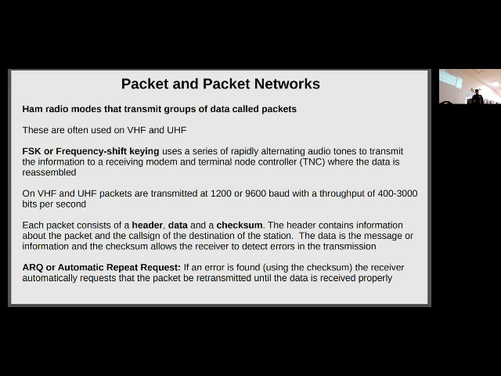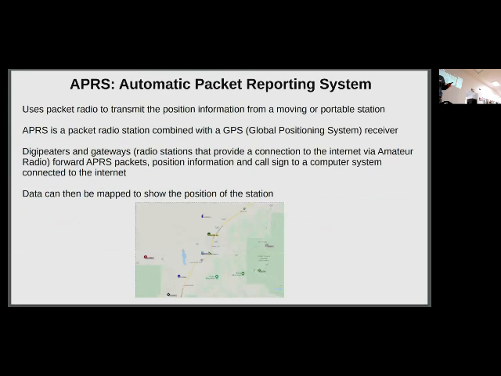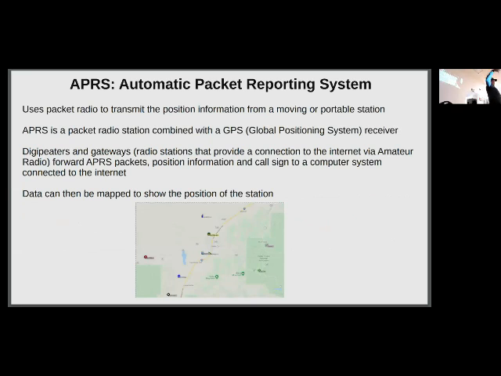So a packet is this information right here. That's all it is. And for APRS, it's connected to your GPS, so it's like your location, your speed, your heading. They actually had one that was on a balloon that went over. It was really cool. It's not hot air, it's one of those helium or hydrogen balloons, weather balloon.